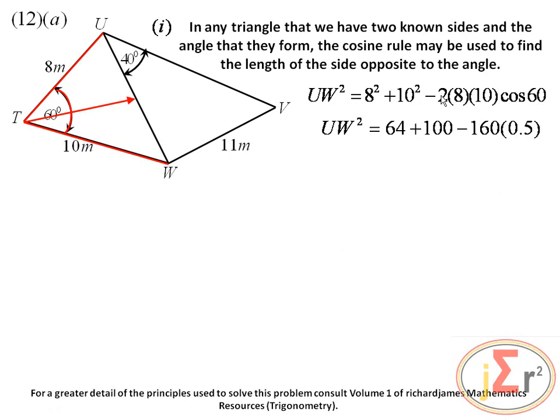So we have 2 times 8 times 10 is 160, times 0.5, and that will be 80. So we have 64 plus 100, which is 164, minus 80, and that is equal to 84. So UW is equal to the square root of 84, and that gives 9.17 meters.